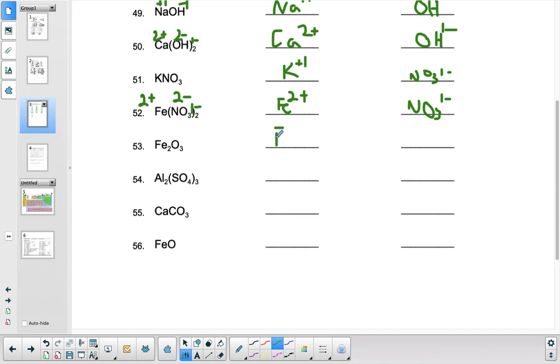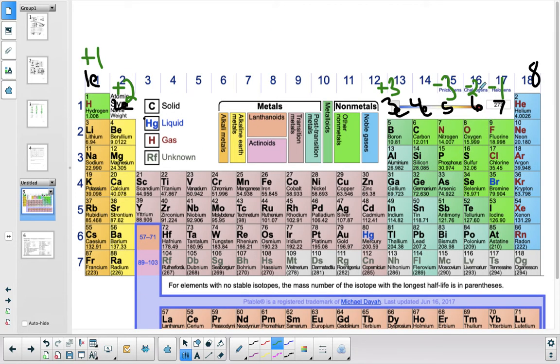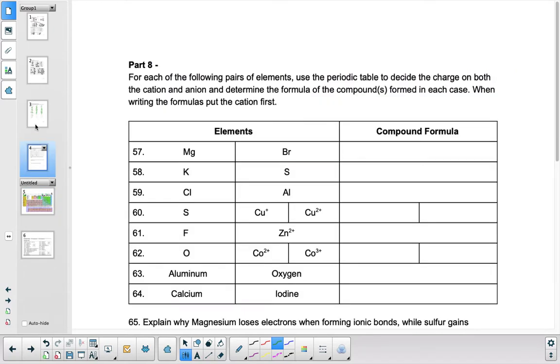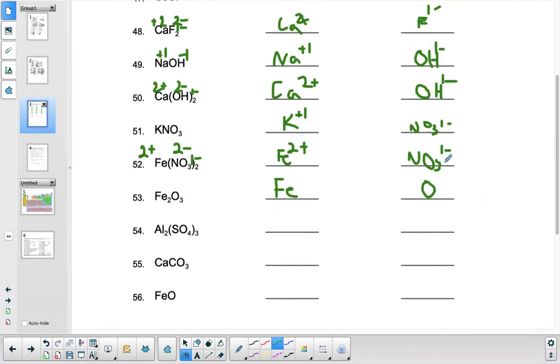So now we have iron and oxygen. So if we look at oxygen over here, -2. Now we need to solve for iron. So if we have a -2 and 3 oxygens, our total charge on our oxygen side is going to be a -6.